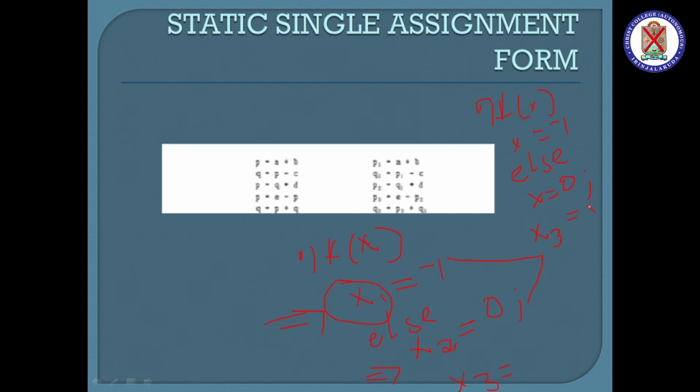Here no problem will occur, because if x is true, x will be minus 1, else x will be 0, and that value will be assigned to x3. But here we are using two variables, so we don't know which variable is being executed. If this is true, x1 will be executed, otherwise x2 will be executed. In this case, we can't predict the behavior of the program at runtime.